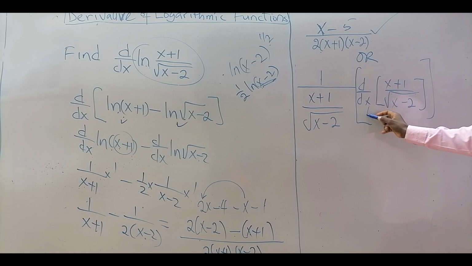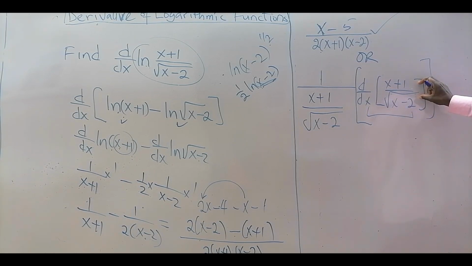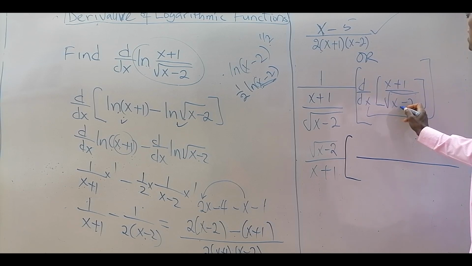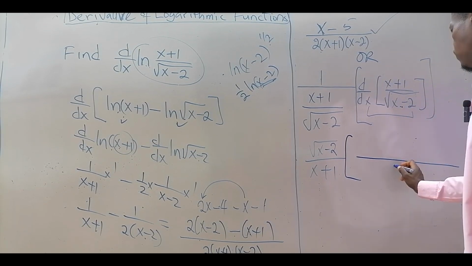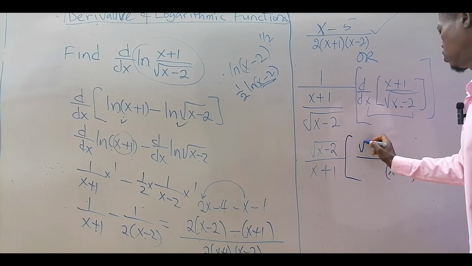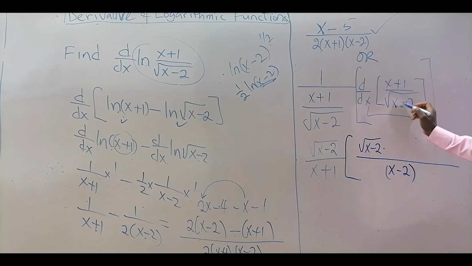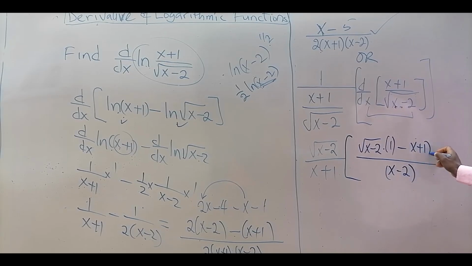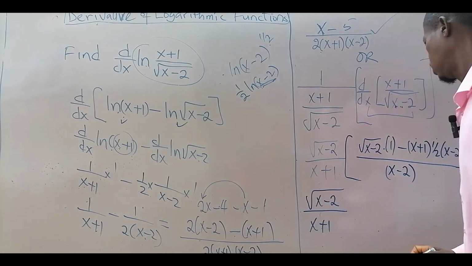This calls for the quotient rule, because it is a quotient function. Apply your quotient rule: the denominator, square root of x minus 2, times the derivative of the numerator, which is 1, minus the numerator, x plus 1, times the derivative of the denominator.